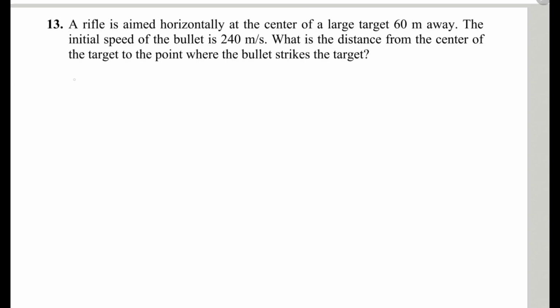Now to solve this one here, x final equal to x initial plus the initial x t, and x final is 60 meters equal to, this is 0, assuming that starting from the origin, 240 times t, in other words, t equal to 0.25 seconds.